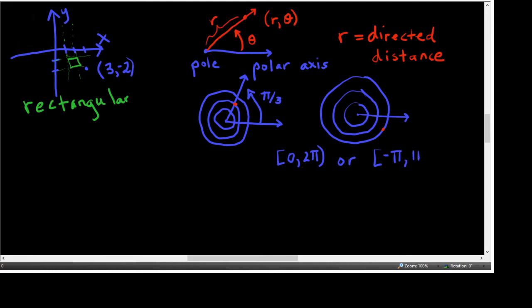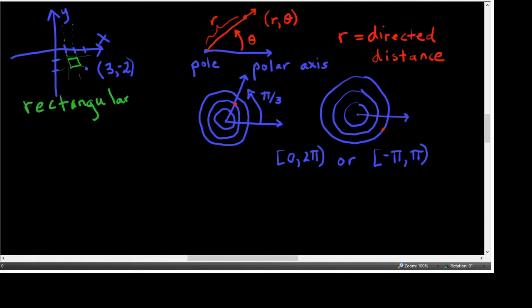And that allows us to find answers, both positive and negative, that are closest to 0. And so those are 2 systems that might be used. So the 11 pi over 6 fits within the first system, 0 to 2 pi, and -pi over 6 fits within the second system, -pi to pi.